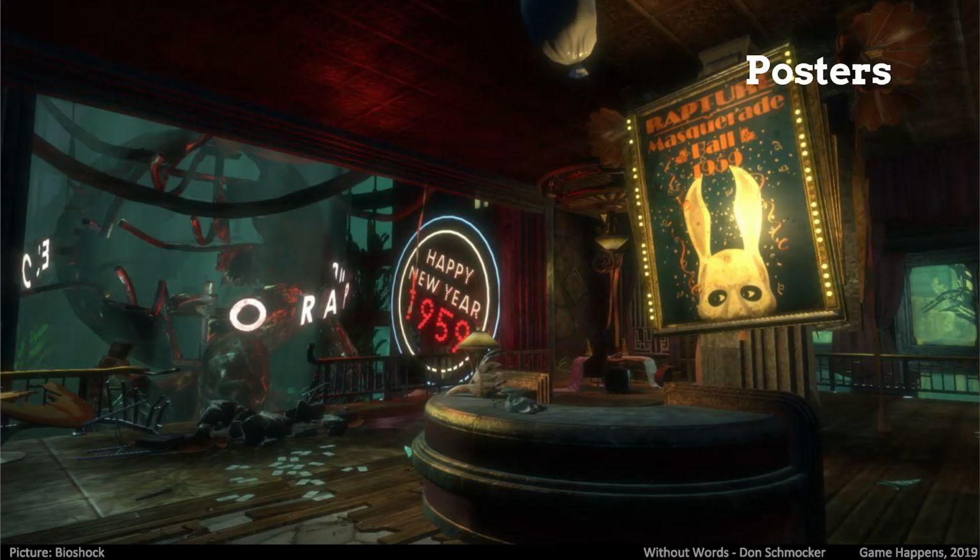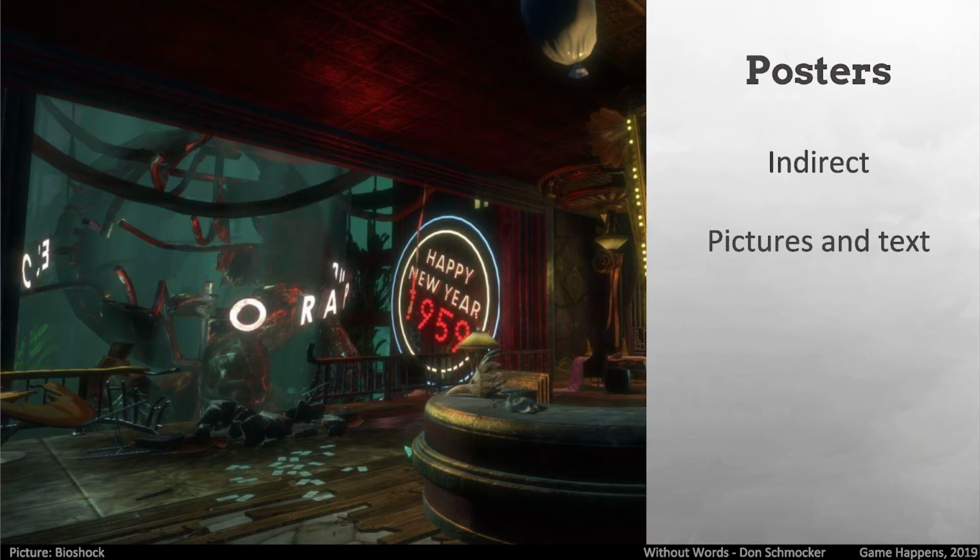The second one is posters, or also branding, to show more indirectly what's happening in this world and maybe connected with a certain event. You see this also all around in Bioshock, and you can certainly make connections between these posters to know what's important in this world and which events happened.